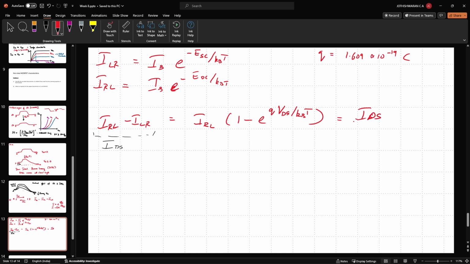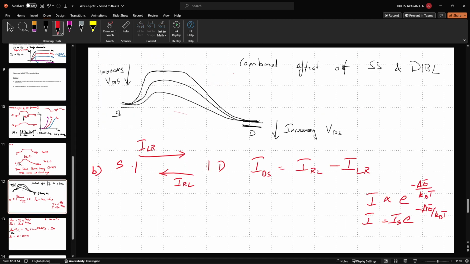Additionally, we also have this expression. IDS can be written as the width of the channel into Q at x equal to 0. So what do I mean by x equal to 0? I've drawn this figure here, right? So this is the channel. Let me use a different color here. So this is the channel in the middle.